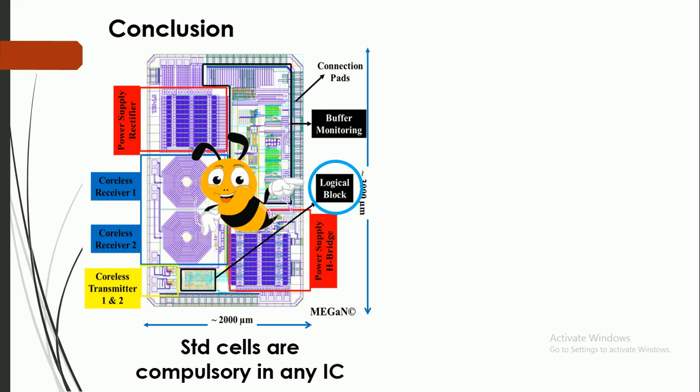Those things are done with the help of these logical blocks, so standard cells are required in those cases. Obviously it is compulsory in any IC, I feel. In future I'm not sure, but right now it is so. So we should be proud of ourselves. Standard cell layout is that important in any IC.